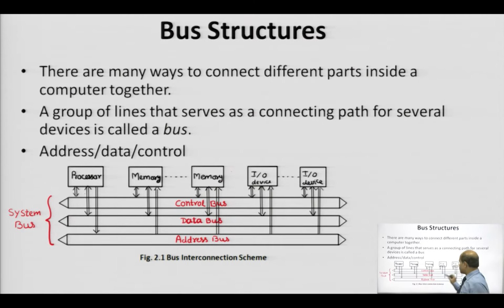Now, let us talk about the direction and interconnection of these buses. Here you can see the data bus and the control bus are bidirectional to each component. However, the address bus is unidirectional, from the bus to the other components, and in the case of the processor it is from the processor to the address bus.